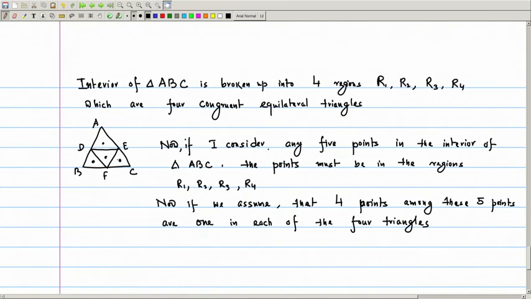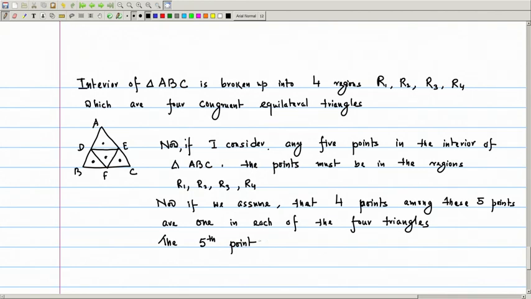So, the remaining fifth point, when it is placed, must be in one of these 4 triangles.